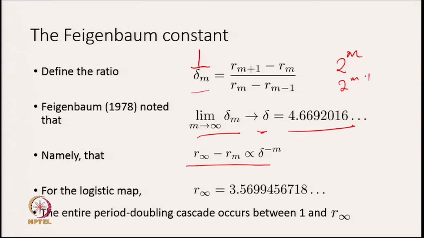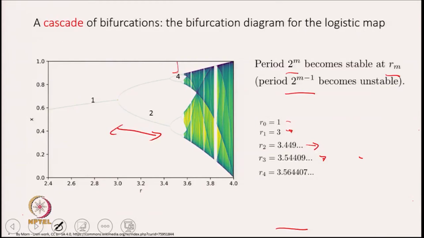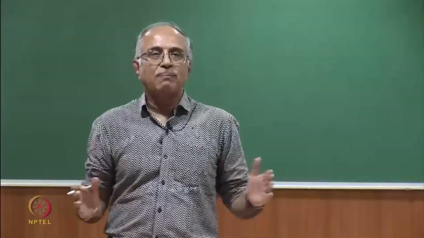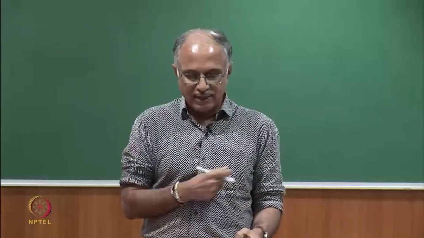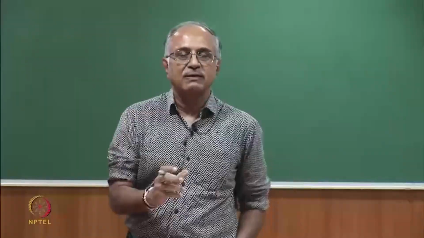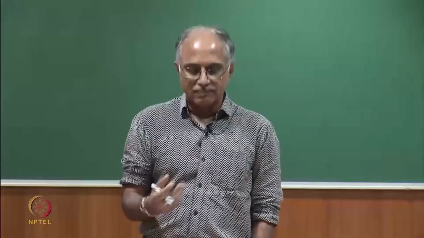All these period doubling bifurcations, they accumulate at a value of r infinity, which for the logistic map is 3.5699, etc. So, between 3, where the first period doubling bifurcation takes place, and 3.5699, which is somewhere over there, all period 2 and all powers of 2 have occurred at that point, because each of these windows is shrinking by a factor of about 5. The rate of convergence of this quantity is geometric.